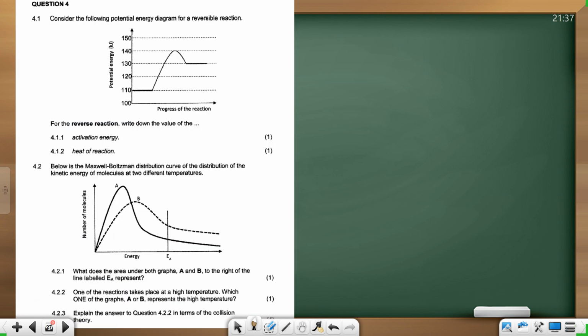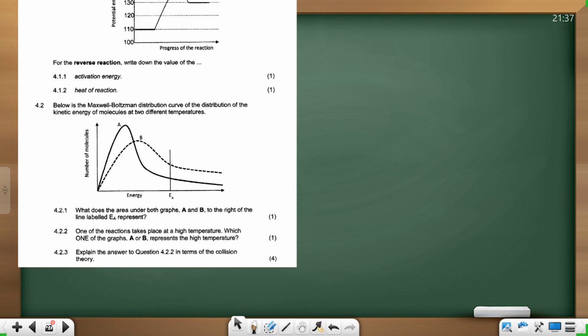All right. Guys, I put this particular question simply because I saw that there is Maxwell-Boltzmann distribution. I think 4.1 is basically the same thing that we did a while ago. So I am just going to answer 4.2 because of the Maxwell-Boltzmann.